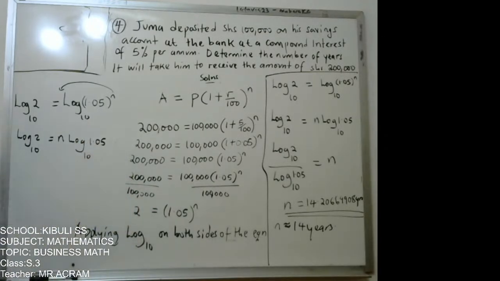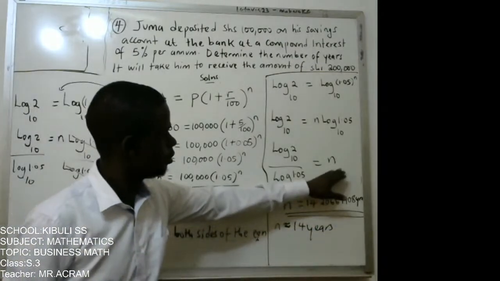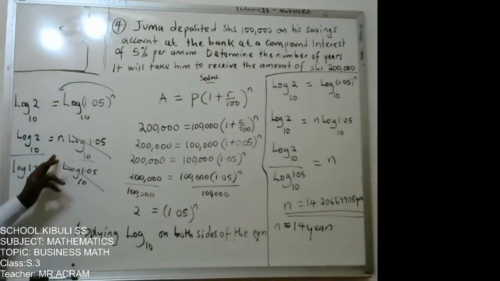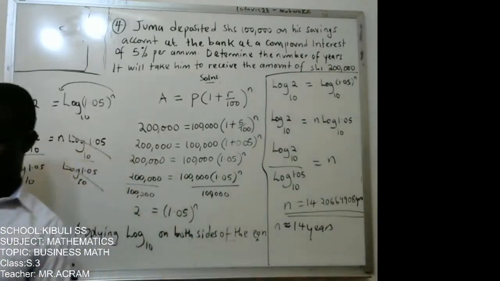I'm looking for n alone, so I divide both sides by log of 1.05 base 10. This one goes with this, and I remain with n alone. On the other side, this is what we have here. This is the step. Let me hope we are together there.